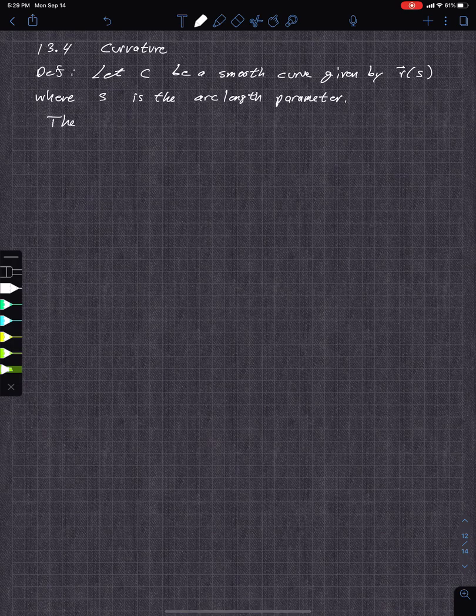The curvature at s is given by, and we use K. The book might use kappa, but it's really just a K. Don't worry about it. It's the magnitude of dT/ds.